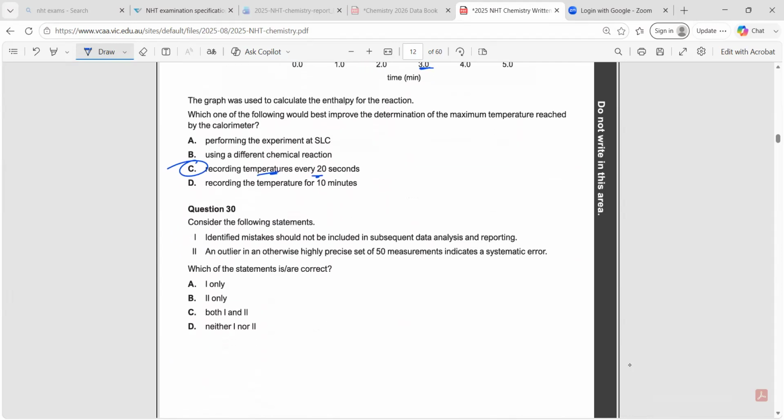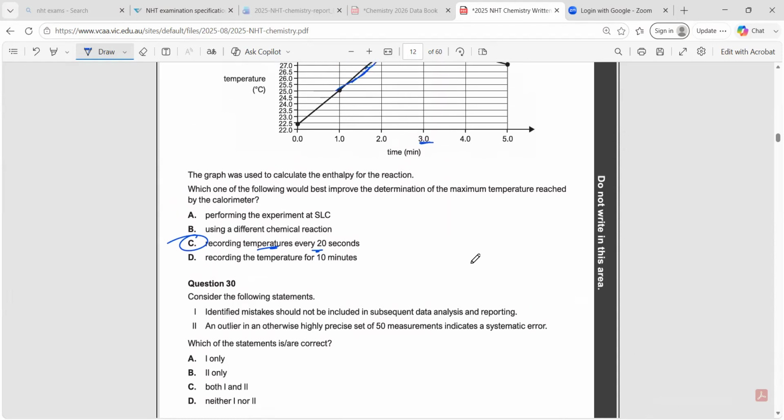So question number 30: which one of the following statements states that identified mistakes should not be included in the subsequent data analysis or reporting? Yeah, if you've already identified the mistakes, generally speaking, you don't include them in the data analysis and reporting. There's no real need for it.